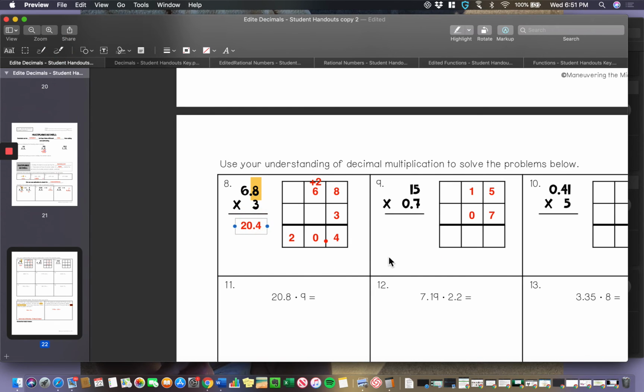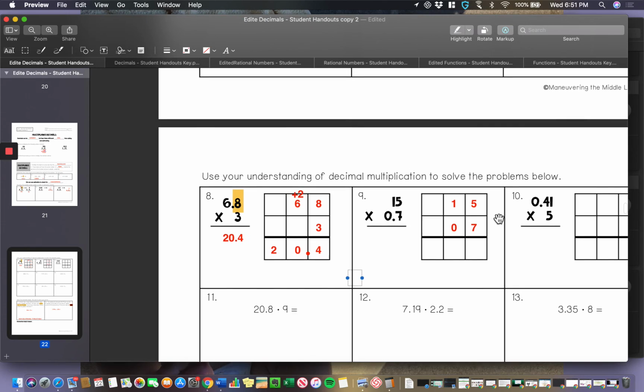Alright, going on real quick. Okay, so I have 7 times 5, which is 35. I'm going to need to carry that 3 over, right? Now I have 7 times 1 is 7, plus 3 is 10.